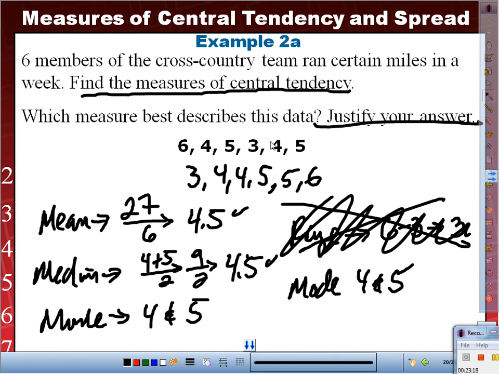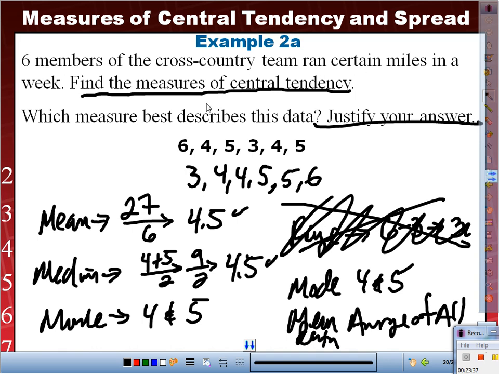Luca? All right, so let's look at the information. 6 members are running miles a week. So think about it. If I asked you guys to run miles in a week, what data would be most important for me? The mode or the mean? The one that you guys ran the most or the average of the whole thing?